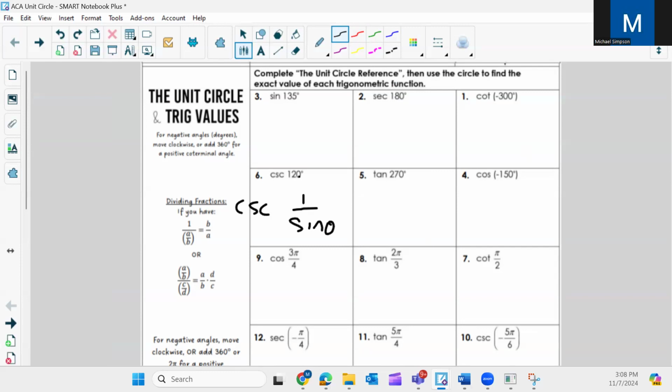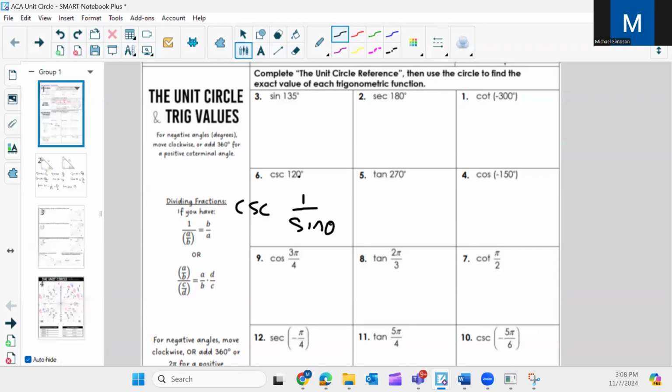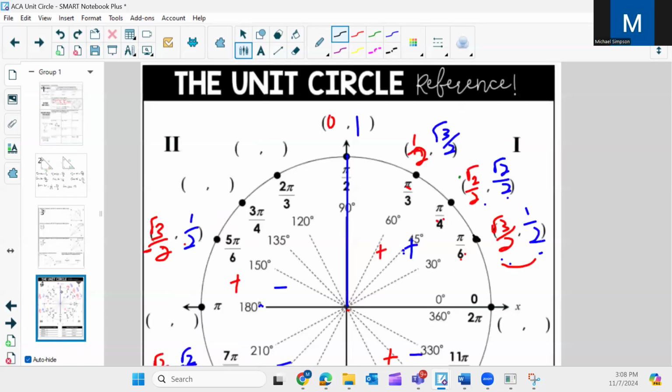All right, so the sine of 120, if you look at the unit circle, is the square root of 3 over 2. I'll just put it right now.